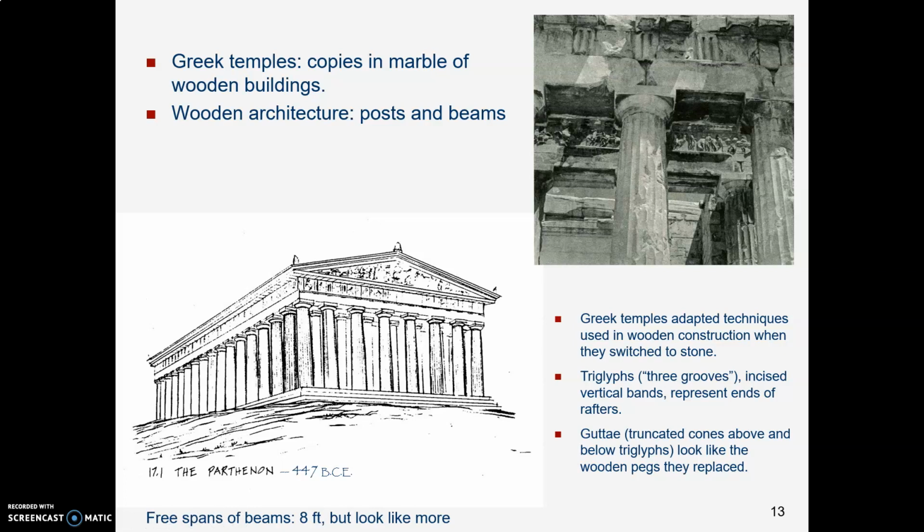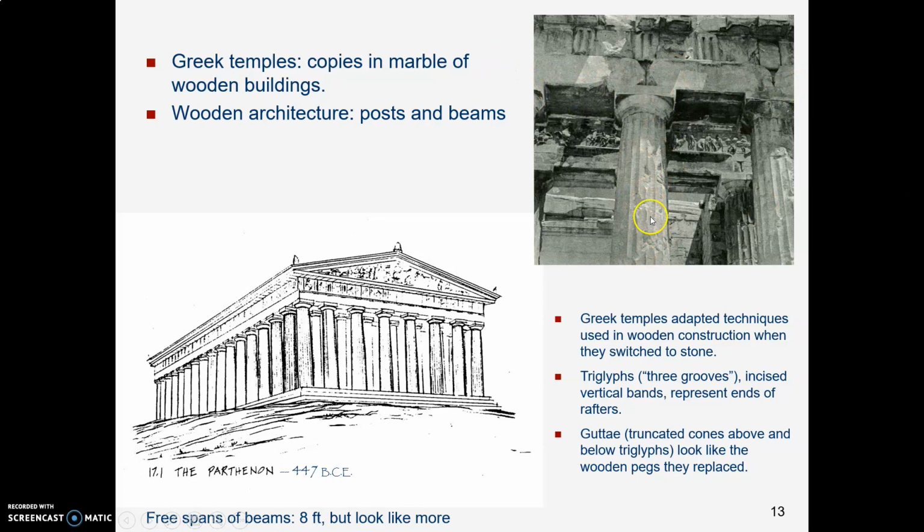Well, what they had to build with was marble. They had a lot of that. They had quarries they could quarry marble out of, not very many trees. And because they had not discovered arches or domes, they couldn't build Roman style arches. What they knew how to do was put up posts and put beams across them.